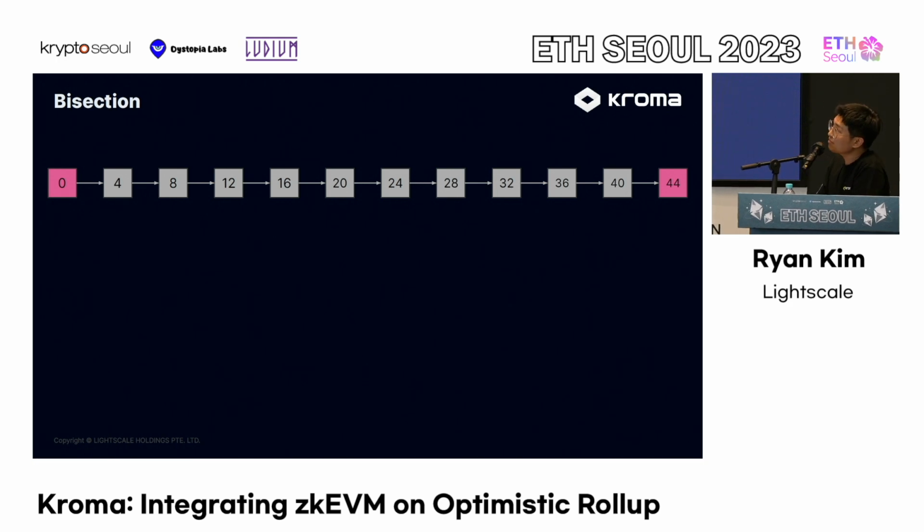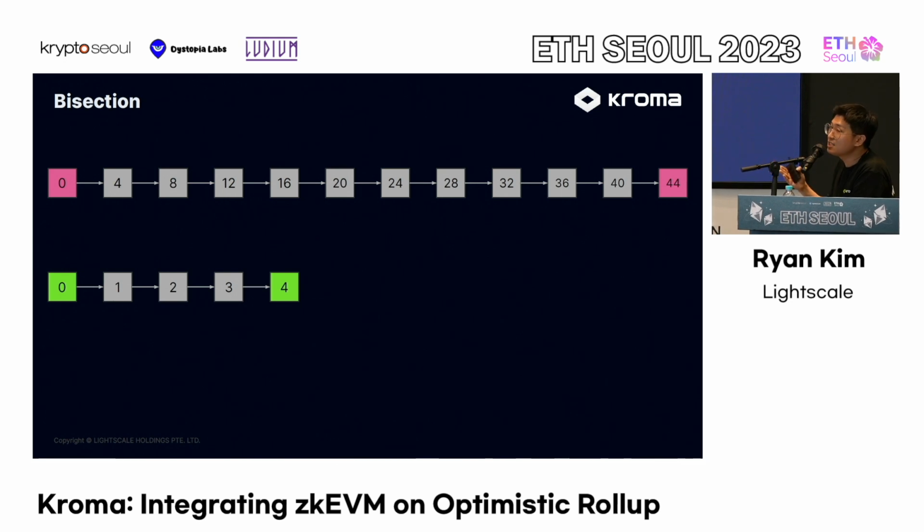So he submits them in pieces. If the asserter detects that a challenge is going on, he needs to find the first mismatched state commitment among those submitted to the network. In this case, the fourth state commitment is different, so he needs to submit the whole state commitment within that interval.